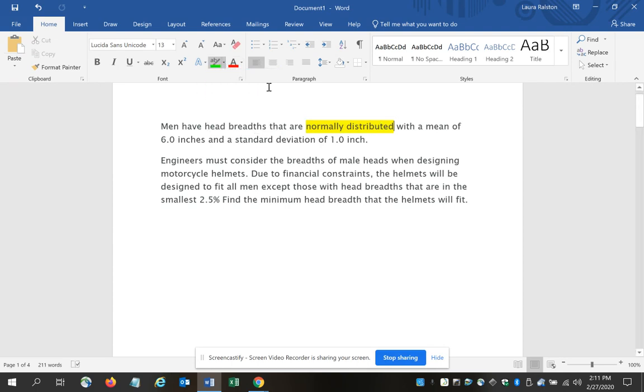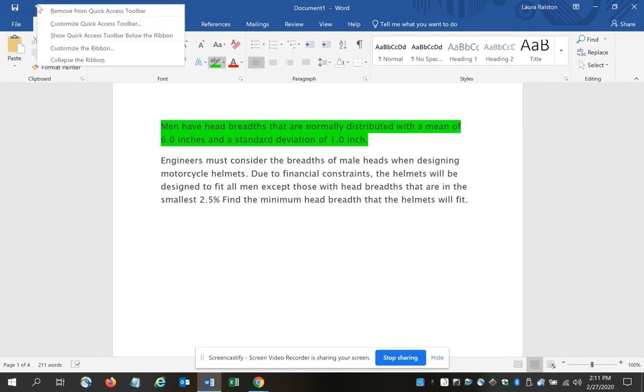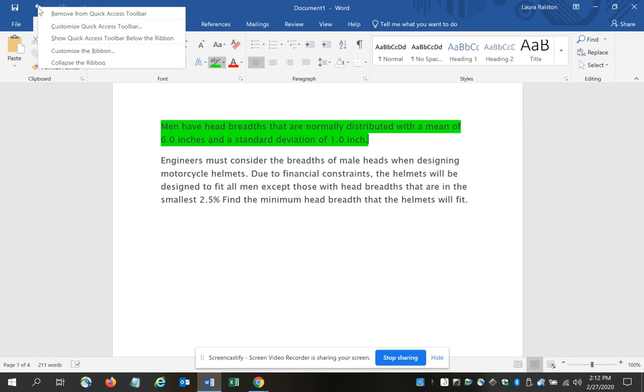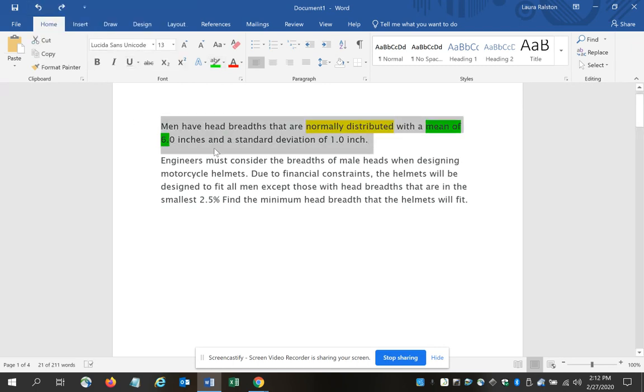It also tells me that my mean is 6 inches, and then it tells me that the standard deviation is 1 inch.